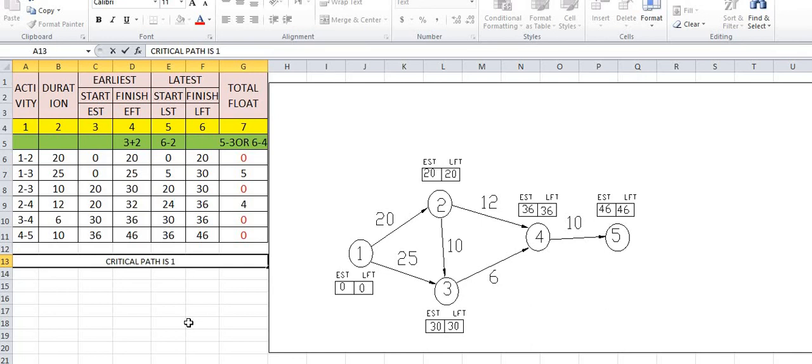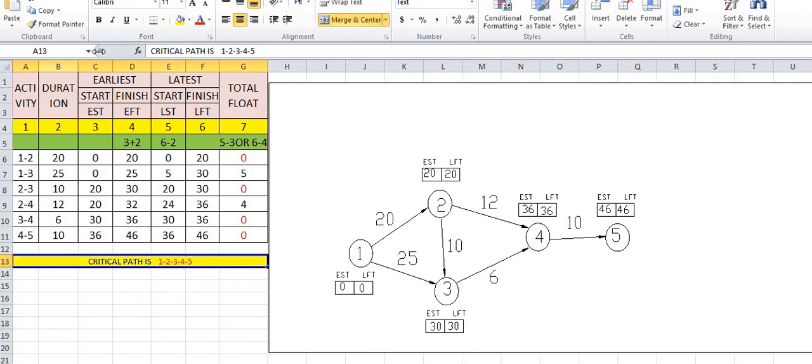What is the critical path? 1 to 2 is the critical path, and 2 to 3, then 3 to 4, and finally 4 to 5. These are the critical path. So this route is nothing but the critical path.